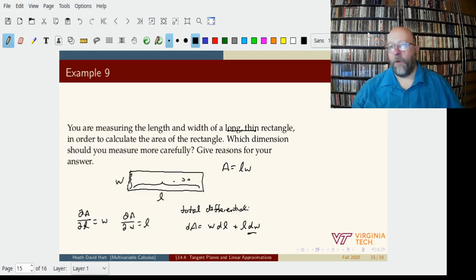We have to measure this more critically because it gets multiplied by the larger value. And so width is more critical than length.